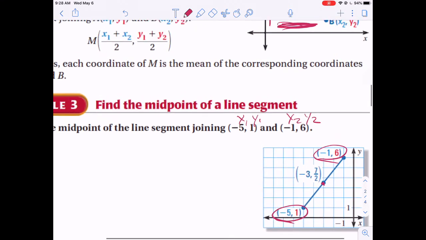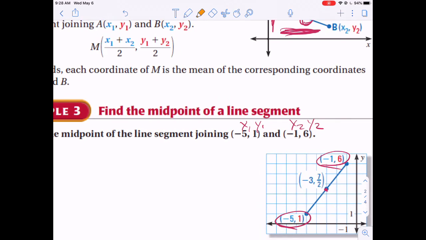And the formula, again, it's pretty simple. It's up here. You're averaging the 2 x values, then you're averaging the 2 y values. And your answer is in parentheses with the comma in here. What you're finding is the midpoint, so you're finding an x comma y. Okay, so you take the x values: -5 plus -1, divided by 2.